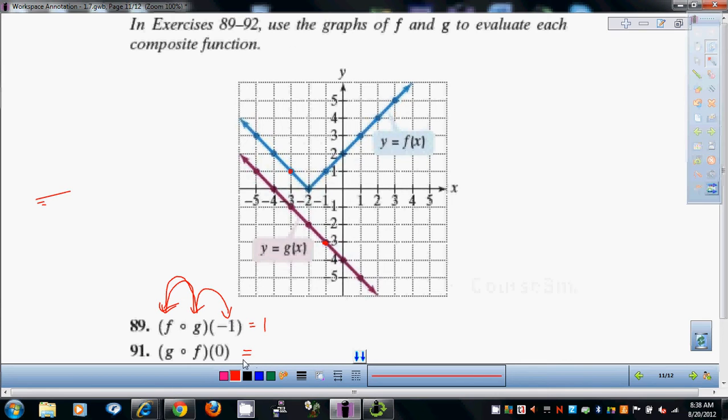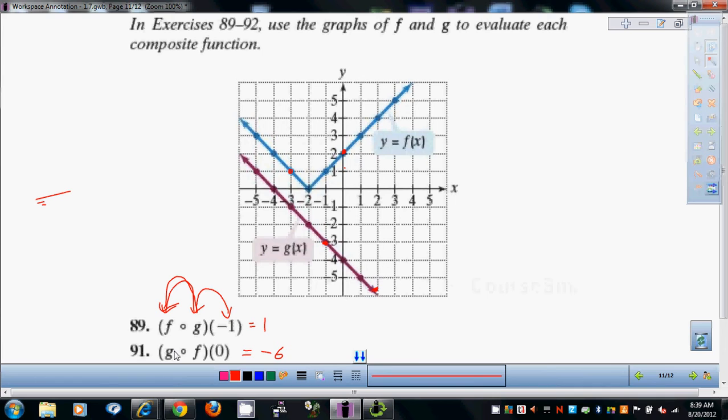Seamus. Let's see. F of 0 is 2. G... dang it, I did it backwards. No, I did it right because it says G of F. F of 0 is 2. G of 2 is negative 6. Good job. Notice the order changed here, so that's why we started with the blue one and the purple one. Good catch.